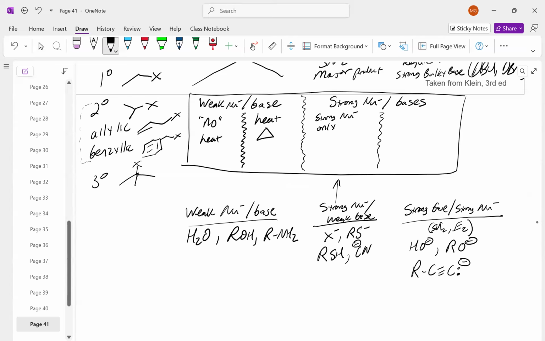So how do I influence that? Well, let's again break this up between heat. With SN2, we want very little heat and polar aprotic solvents.